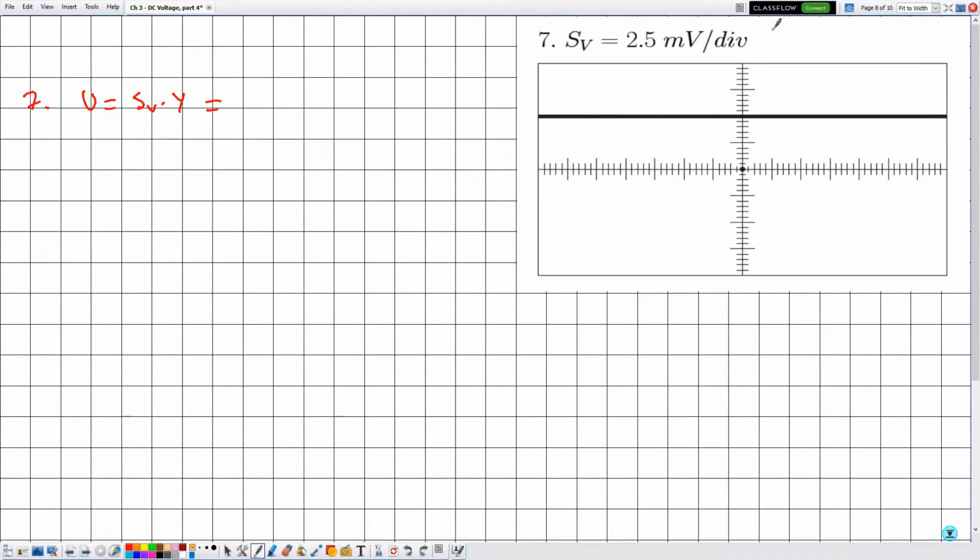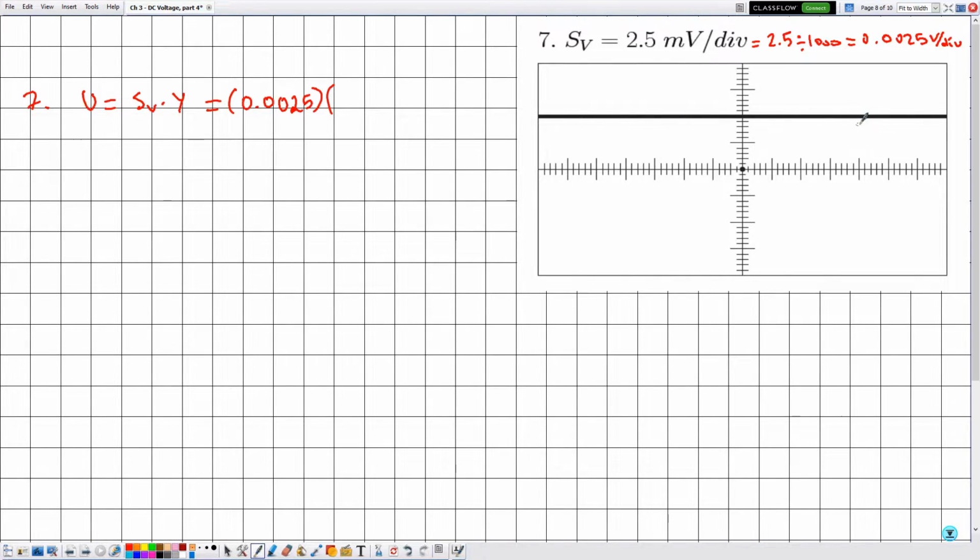So 2.5 divided by 1000. The value of SV in the SI is given by 0.0025 volts per division. So always we need to convert the quantities to the SI.